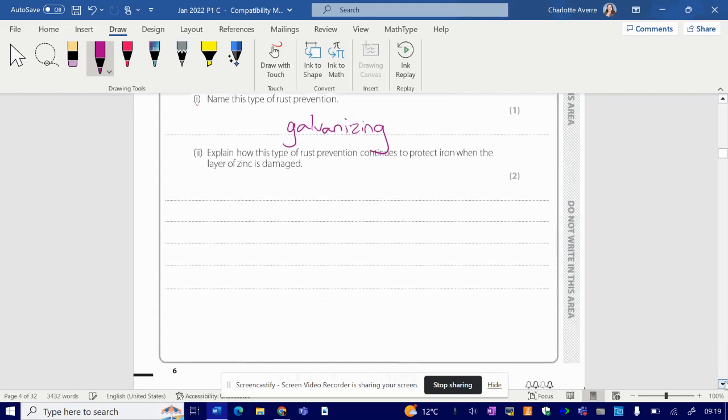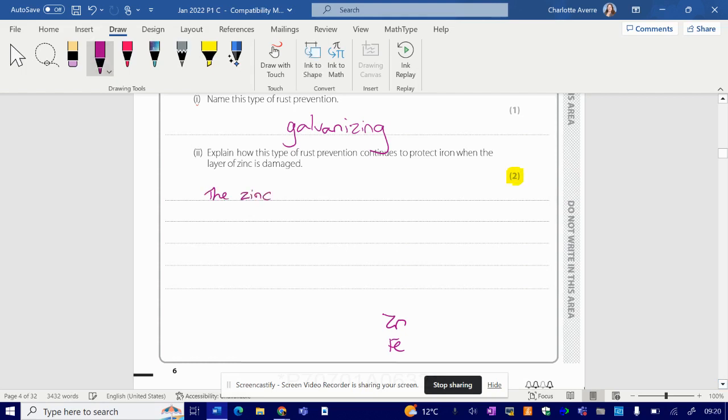Explain how this type of rust prevention continues to protect the iron when the layer of zinc is damaged. Okay, so this is basically explaining your reactivity series. Zinc is above iron in the reactivity series. So it will react before the iron does. So that is what we are explaining. Okay, it's 2 marks, this question. So we need to make 2 distinct points.